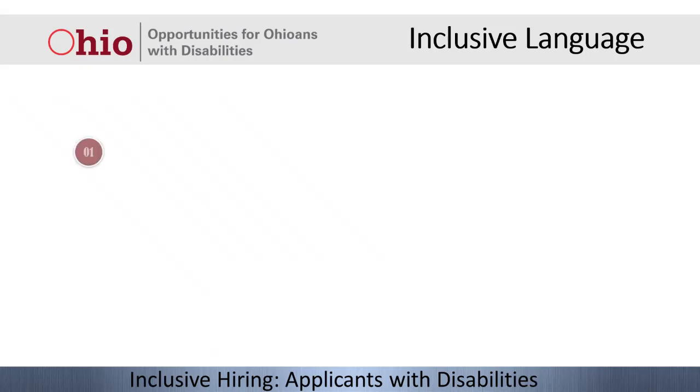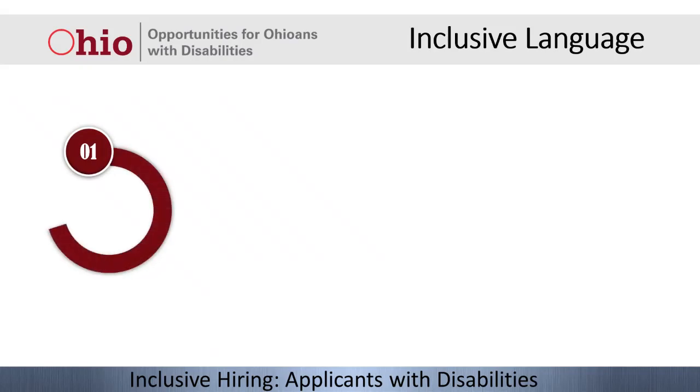First, there are some general tips that are helpful to consider with all written communications, not just job descriptions. And these include using plain language that is clear and concise, such as words with a single meaning. And you want to avoid using jargon, technical terms, and unnecessary words or phrases.